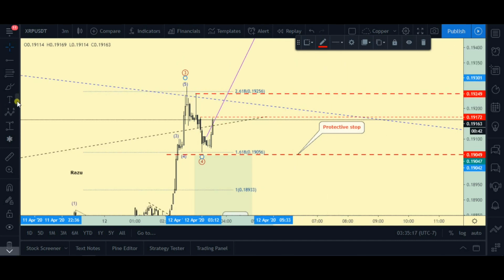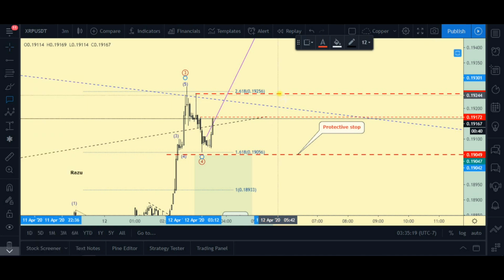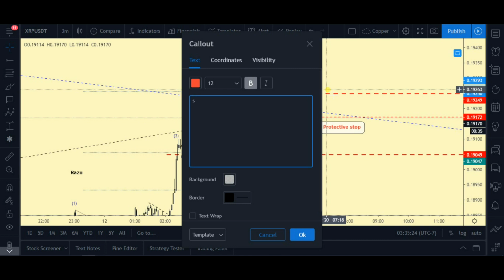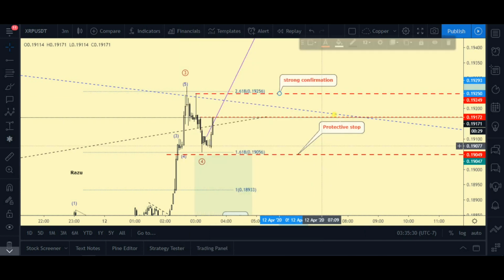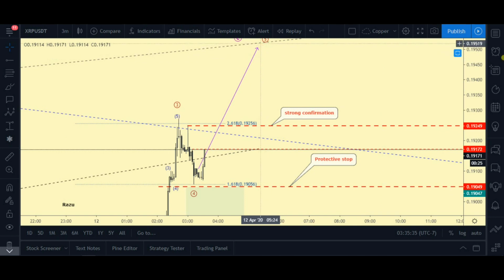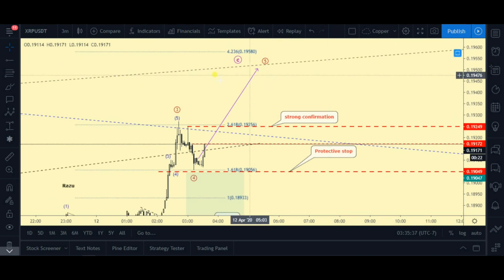breaks the upper, this one, would be a strong confirmation that the trend could continue going higher, and probably the fifth wave could end around here.